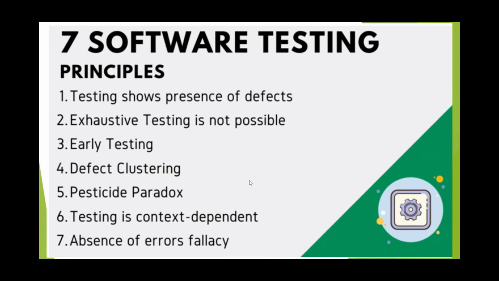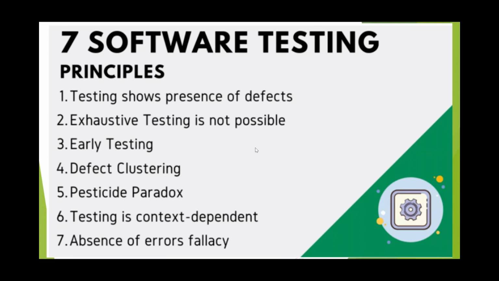Let's say there is one application and I'm using the same test cases to test the same application. Every time I execute, the test cases will pass, and at a particular point the test cases fail to identify the defects in that execution. This condition is called the pesticide paradox.